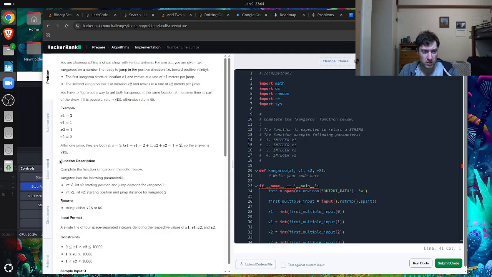Returns yes or no. So we have x1 and v1, x2 and v2. So x1 starts at a location here and moves at this rate per jump. And each one jumps at the same time, right? So ding, ding, ding, ding. Are they ever going to meet up?